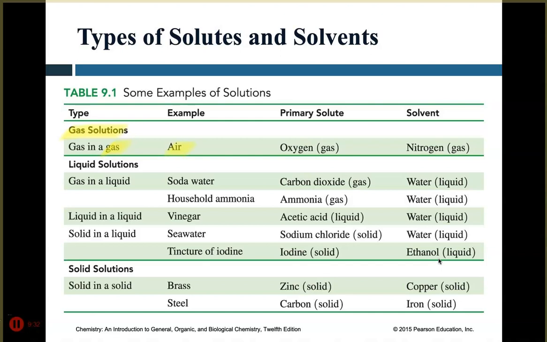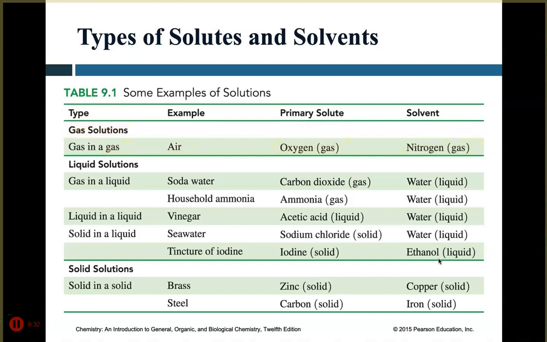The solvent is going to be nitrogen because air is 80% nitrogen. And the solute is going to be oxygen gas because it's a little bit less than 20%, because the rest make up that small little fraction between the two. So we can easily see nitrogen, major component, oxygen, minor component.